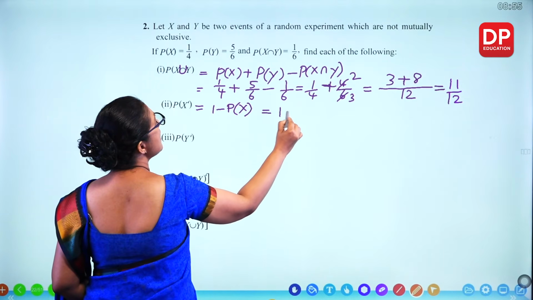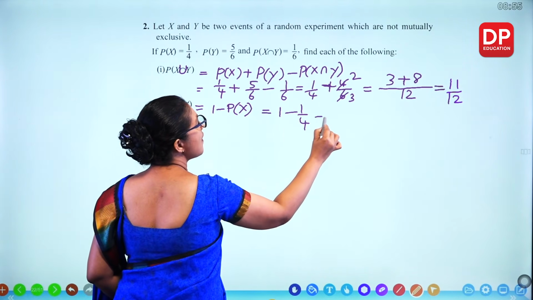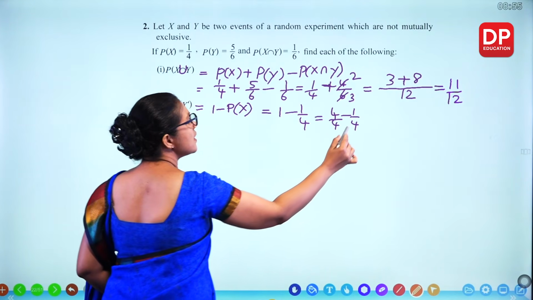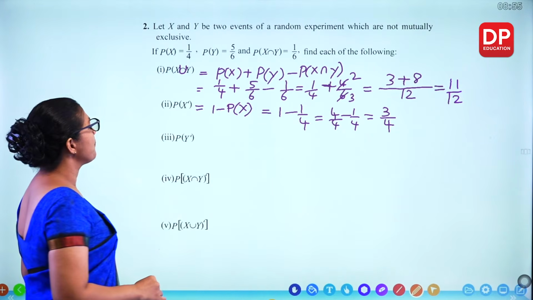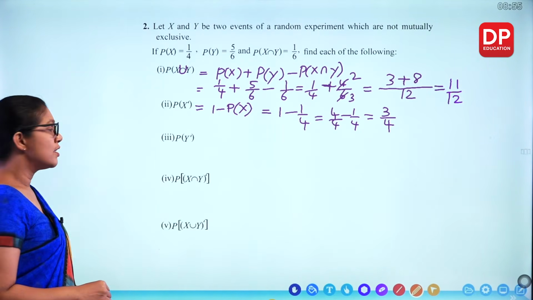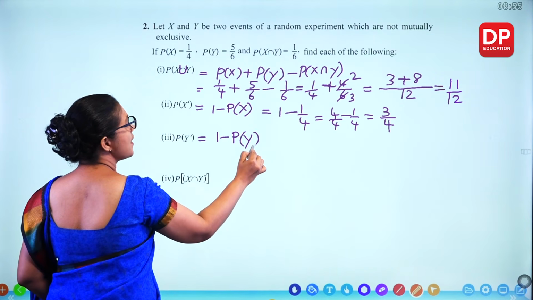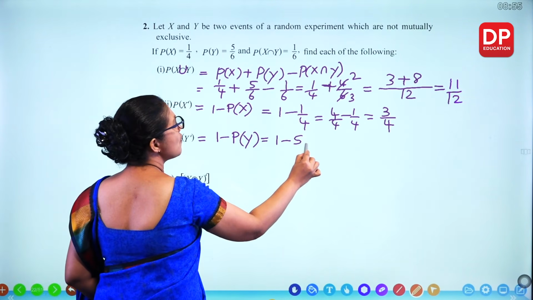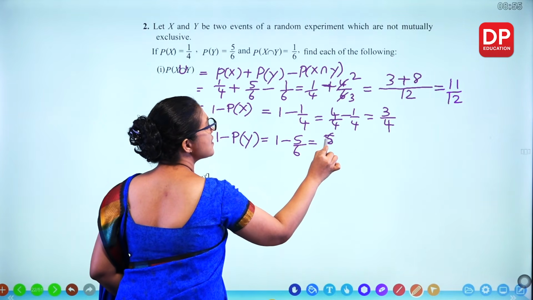What is Px? Px given 1/4. I can write 1 as 4/4 minus 1/4 is equal to 3/4. Py dash. Again same thing. 1 minus probability of Y. 1 minus probability of Y is 5/6. I can write 1 as 6/6 here.